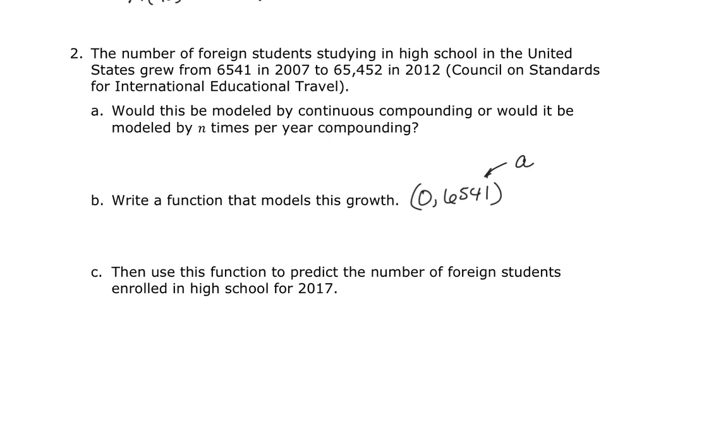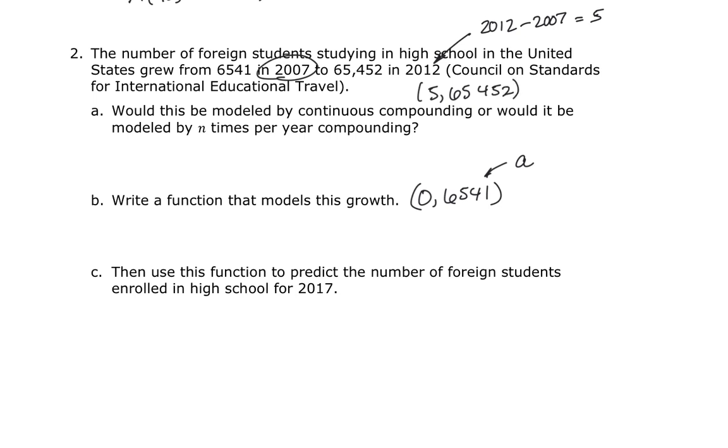So this tells me that this must be my A value. That's nice. Now, if I consider 2007 as being year 0, the initial amount, then I just need 2012 minus 2007, which is my input, which is 5. So that is my ordered pair, 5, 65,452.